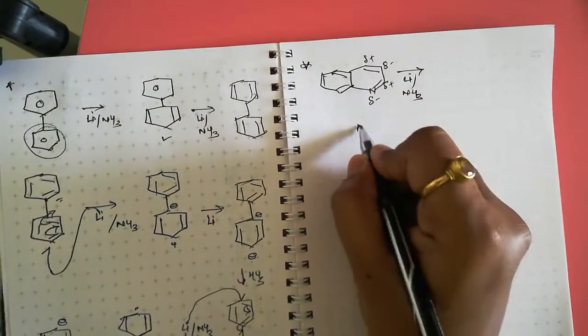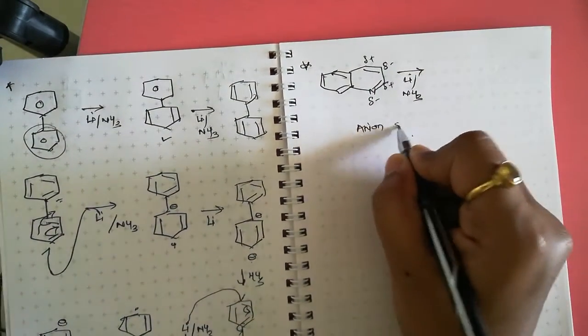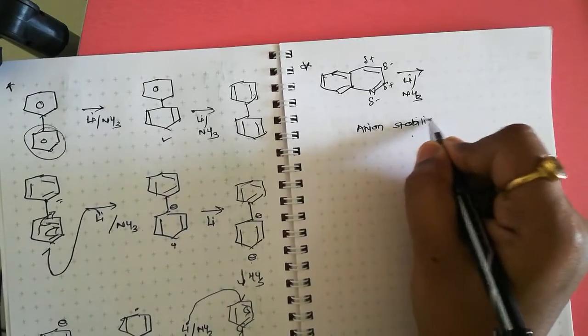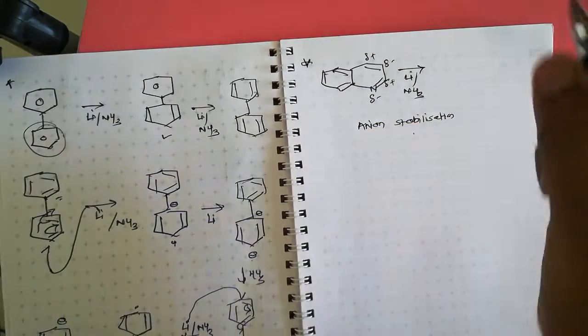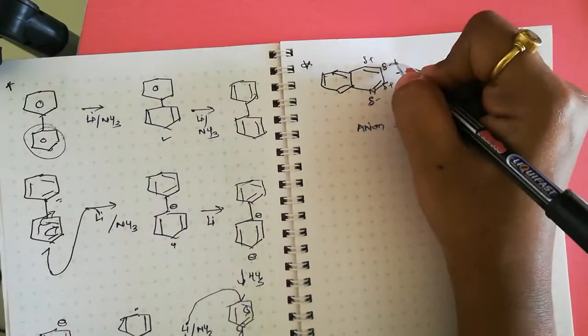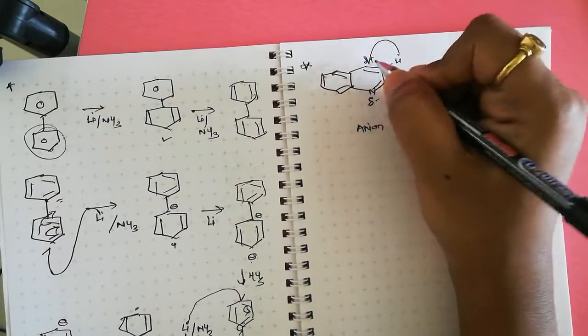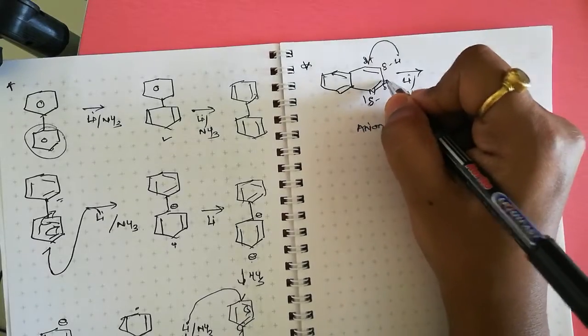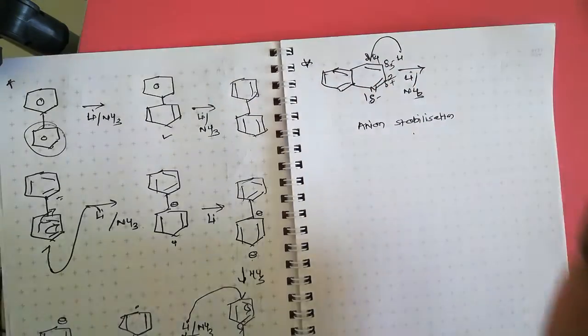Due to the enhanced stabilization effect, the negative charge on nitrogen is stable, therefore lithium transfers an electron to the 4th position, a 1,4 electron transfer.